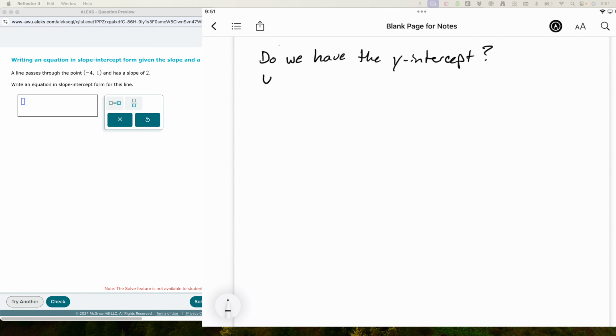If the answer is yes, we're happy, and we will use y equals mx plus b. If the answer is no, we are sad, and we will use the point slope formula y minus y1 is equal to m times x minus x1. So again, the key question here being, do we have the y-intercept?